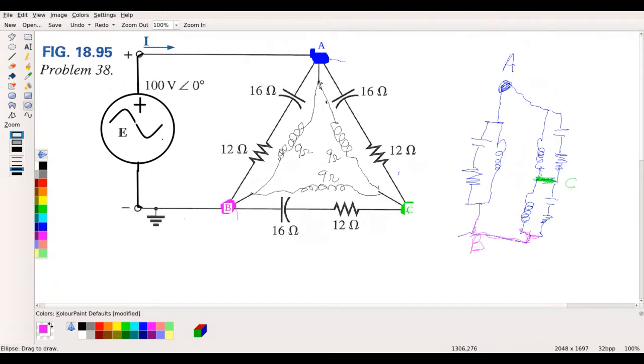Okay, so I'll just label that Z parallel. Okay, so Z parallel.